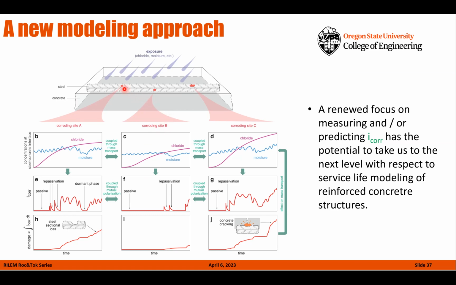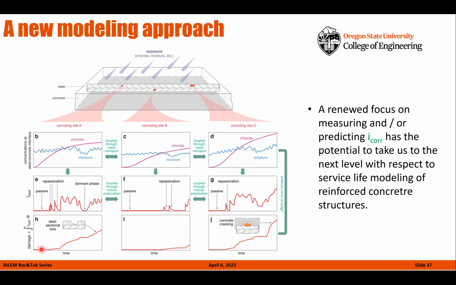For example, if you look at a steel embedded in concrete, from day one, the steel starts experiencing electrochemical processes. It actually starts passivating. So there is some corrosion current that creates the passive film. When it is passive, you still have some corrosion current there, although very low, to maintain the passive film at a healthy level.